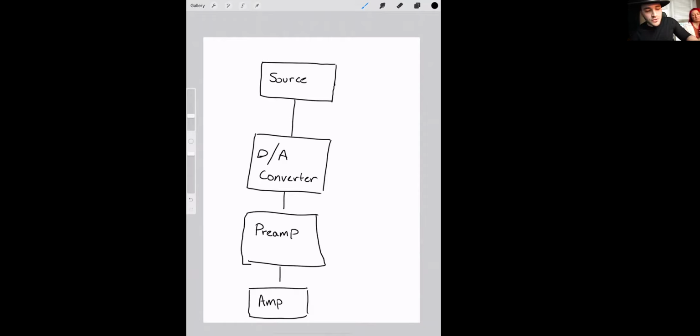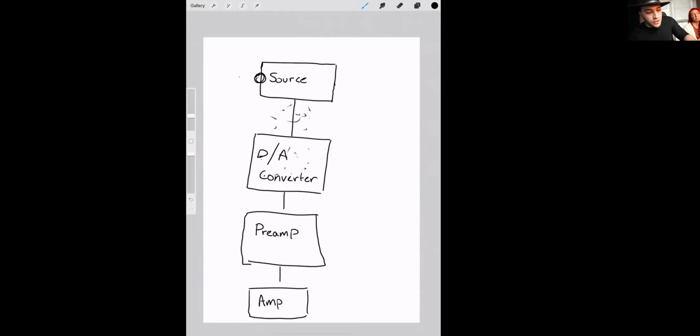So we have our source. Our signal can't get any better than the signal that exists at our source. So any noise that gets picked up as the signal is transmitted to different stages, any noise that gets picked up at the different stages, all of this becomes the signal.